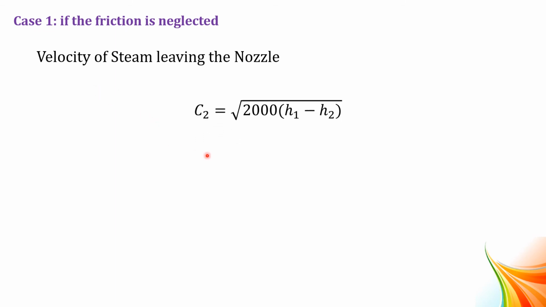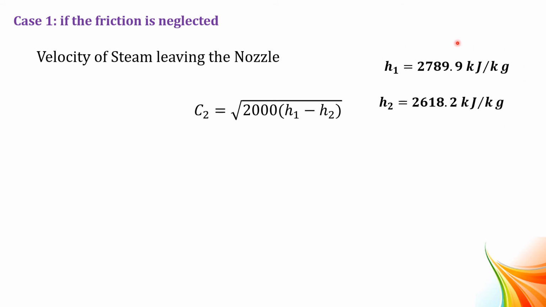After calculating the values of H1 and H2, we have to substitute the values in velocity equation. So at case 1, if the friction of the steam is neglected, then the velocity of steam leaving the nozzle C2 equal to square root of 2000 into H1 minus H2. So H1 equal to 2789.9 kilojoule per kilogram and H2 equal to 2618.2 kilojoule per kilogram.